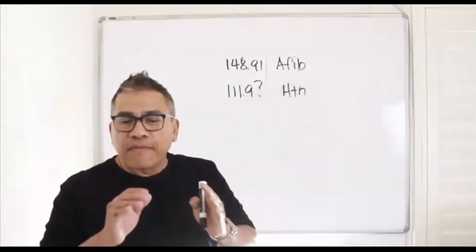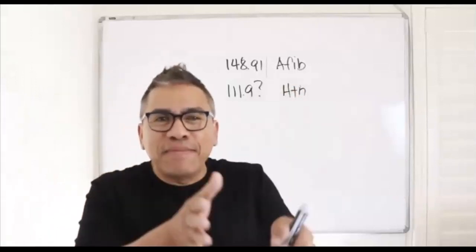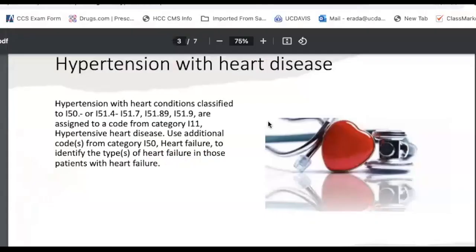Okay, to answer my question, guys, let me switch back to the guidelines that I just showed you. In order for you to assign I-11, you should have other conditions that have these codes. Now, do you think atrial fibrillation is one of those? It's not there.